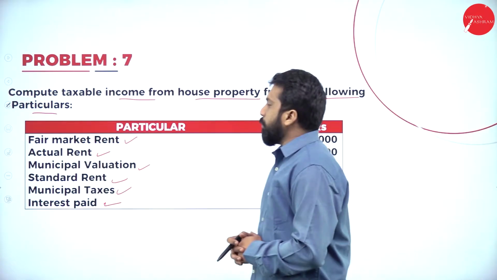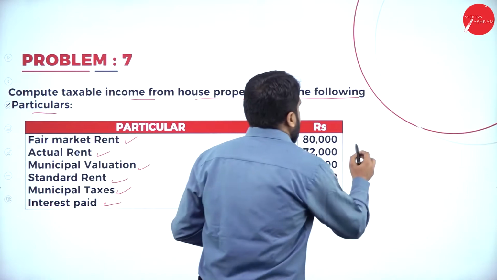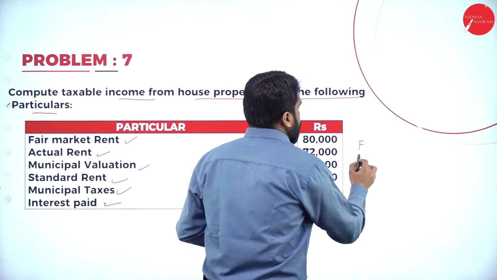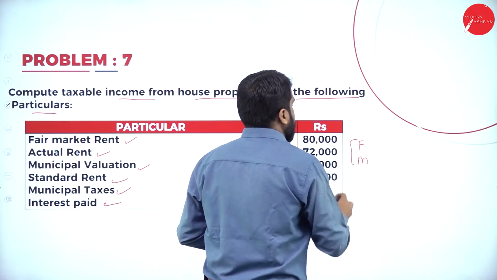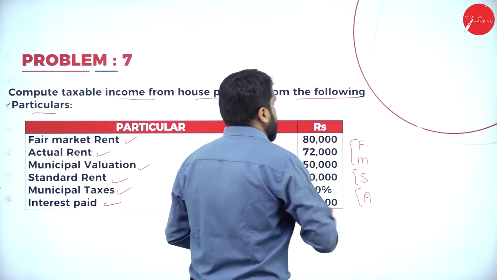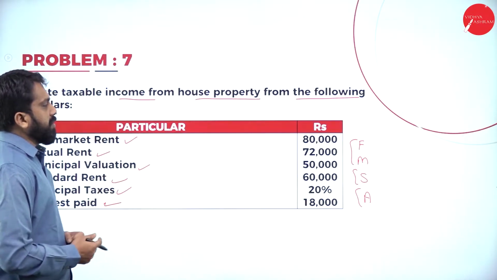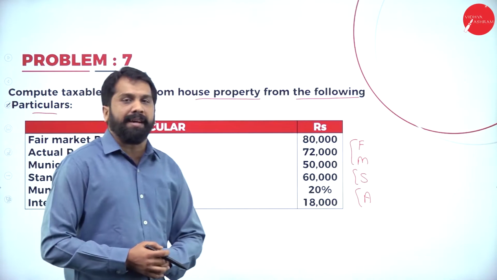Now, what is our formula or logic? As you know, the logic is very simple. Fair market value or municipal value, standard rent and actual rent, we are supposed to compare.